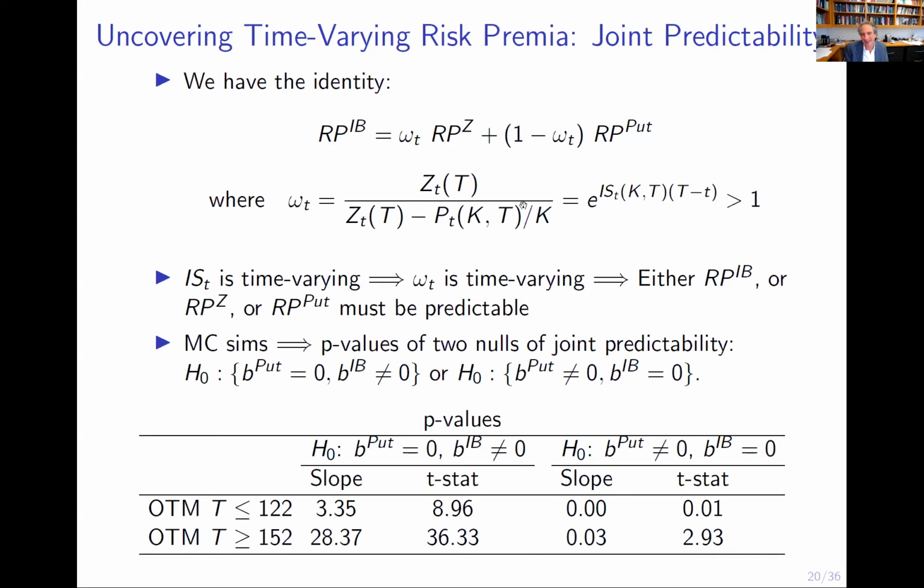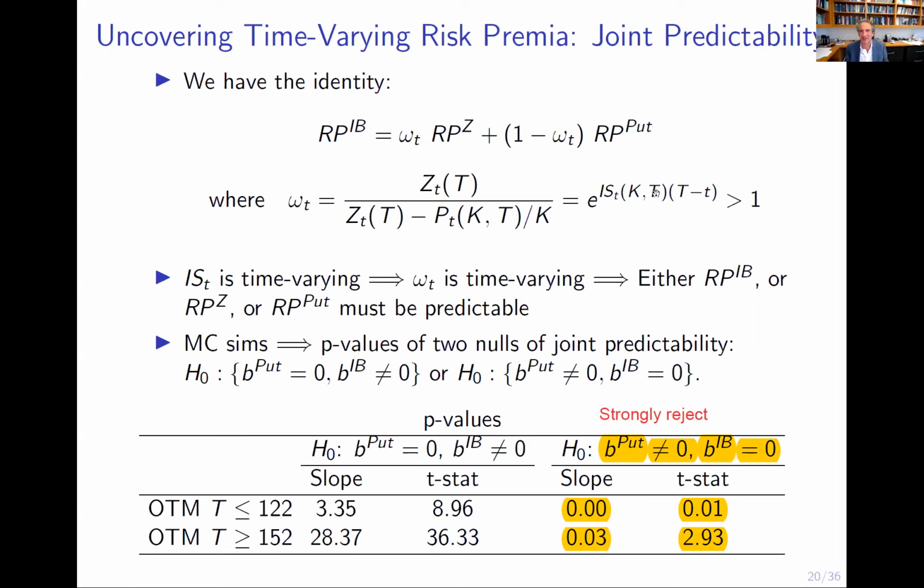Okay. And we test that, and indeed we find, just to make the story short, that we strongly reject no predictability by imposing this joint null hypothesis. Okay, this joint null hypothesis allows us to really document that there is predictability in options data.